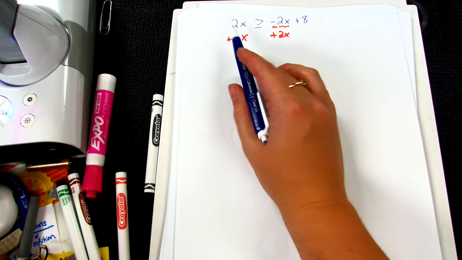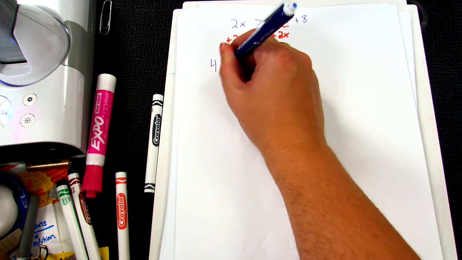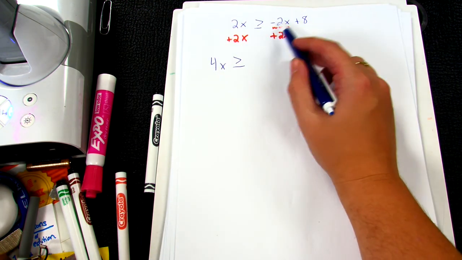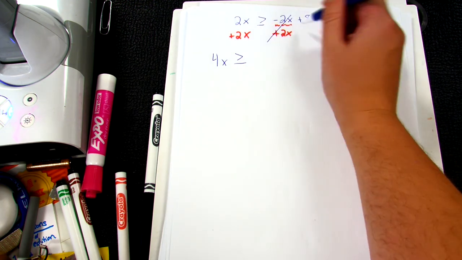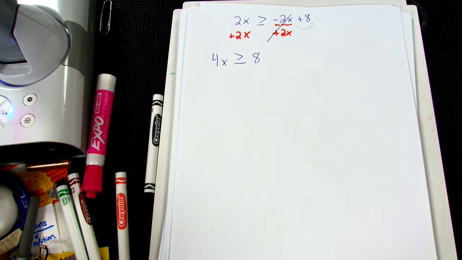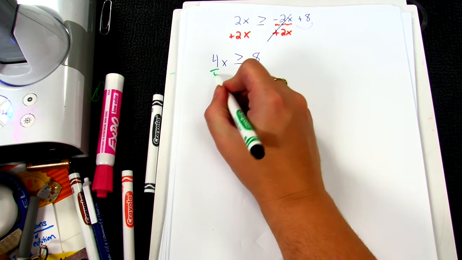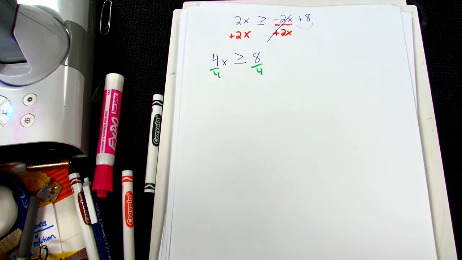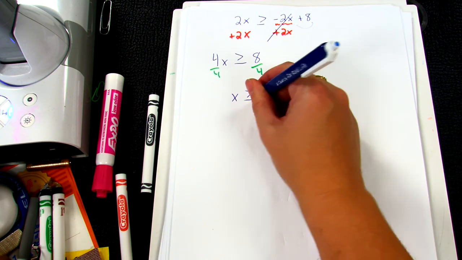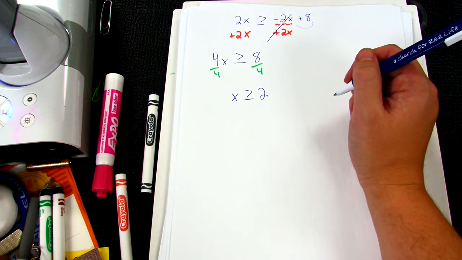So when I do that, 2x plus 2x on the left-hand side leaves me 4x. I bring down my greater than or equal to, and then negative 2x plus 2x cancels, leaving me just this plus 8, or positive 8. Now I'm going to divide both sides by 4. And x becomes greater than or equal to 2.